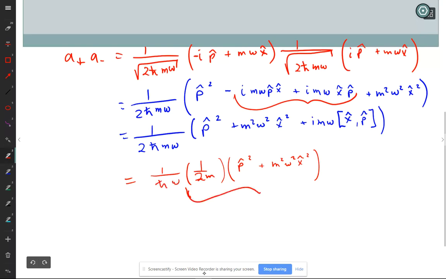So this here is my H operator. And then I have left over plus i over 2 h bar, the x commutator with p.